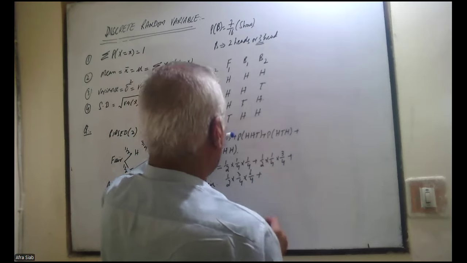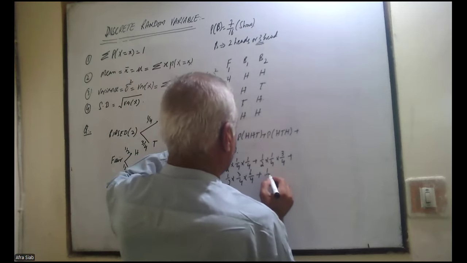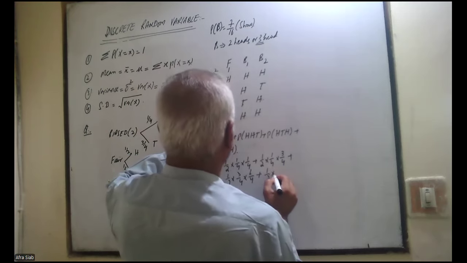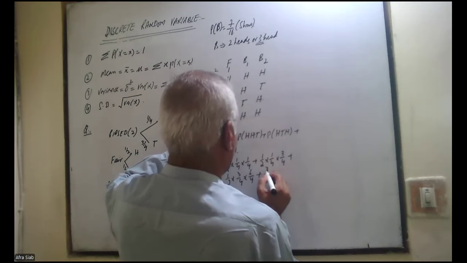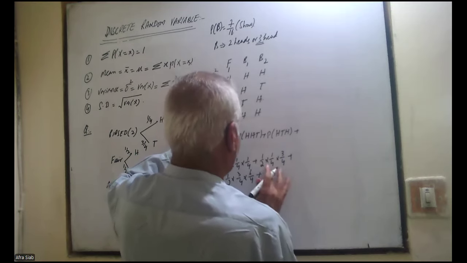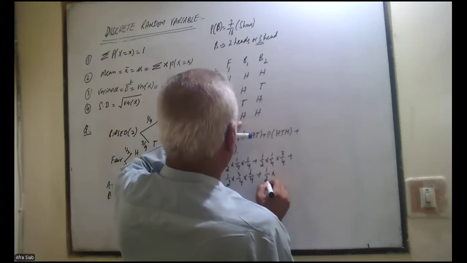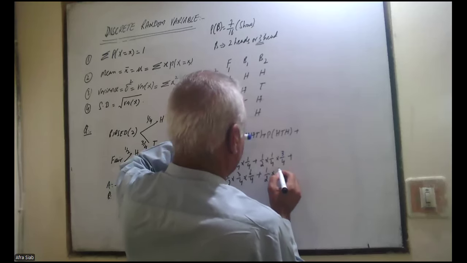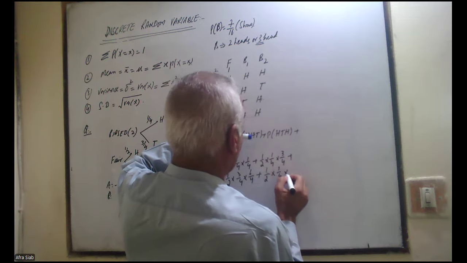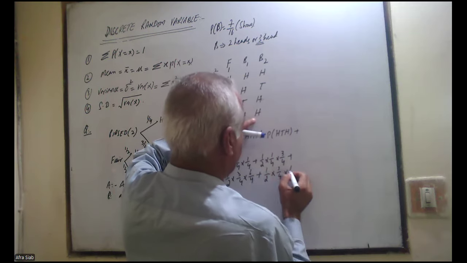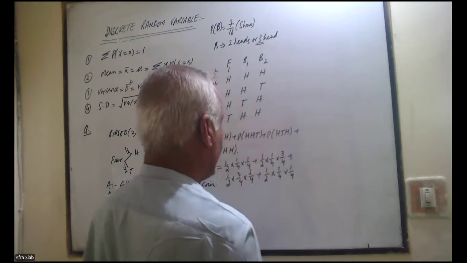Plus tail on the fair, so that is 1 by 2, head on the biased, that is 1 by 4, and head on the biased, that is 1 by 4.